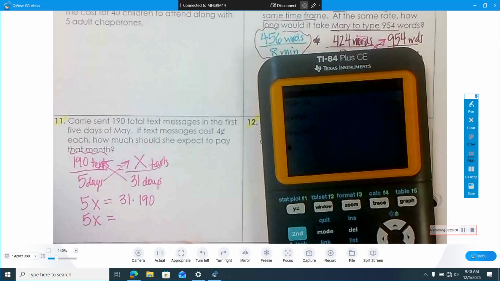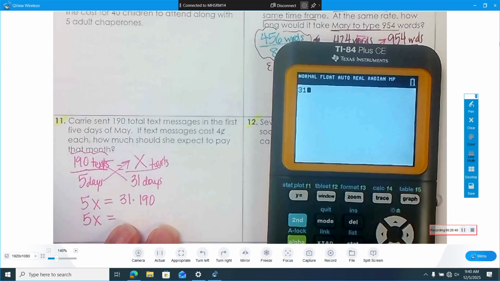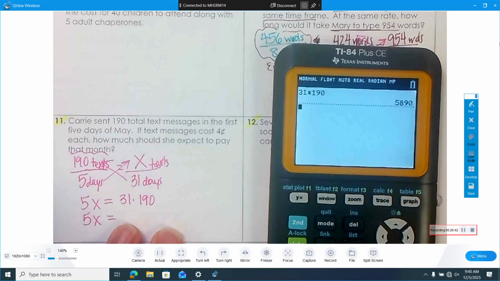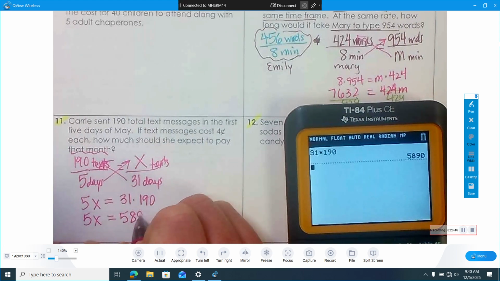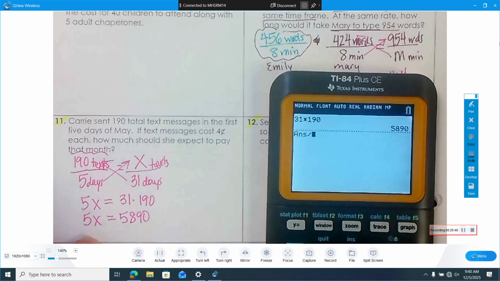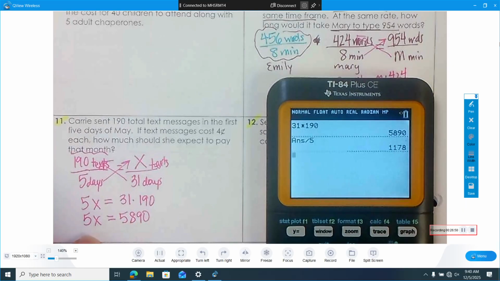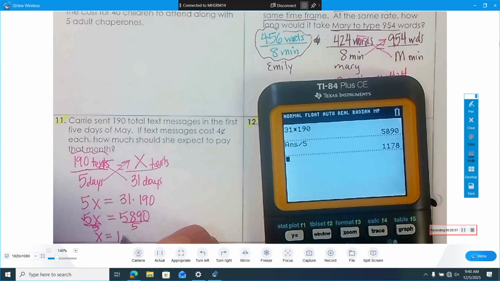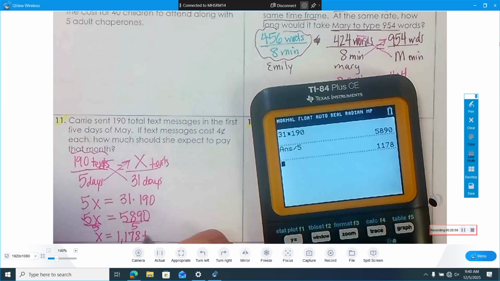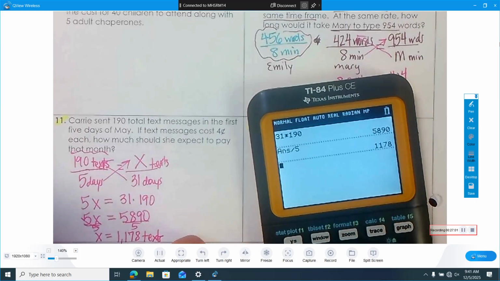That's a lot of texts. 31 times 190 is 5,890. Okay, divided by 5, because I got to get X by itself. All right, so she sent 1,178 texts in the month of May.